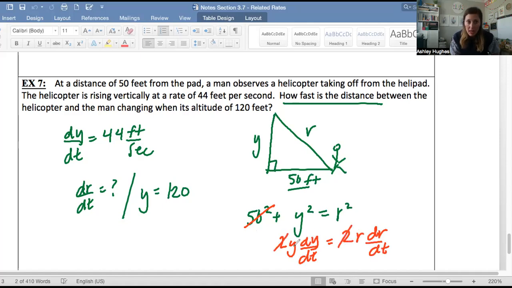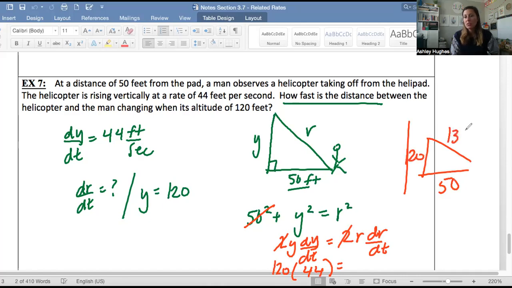And then I can just plug in my stuff. So y is 120, dy/dt is 44. R at this instant: this is 50, this is 120. So 5, 12, 13, so this is 130, or you can do Pythagorean theorem. So that would be 130 dr/dt. And then you just divide by 130. So I have 120 times 44 divided by 130.